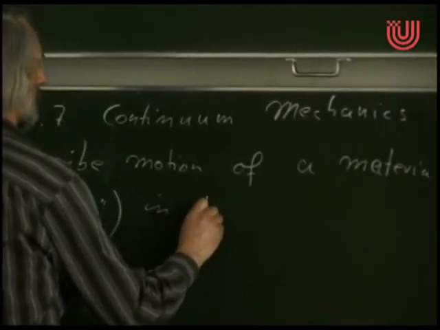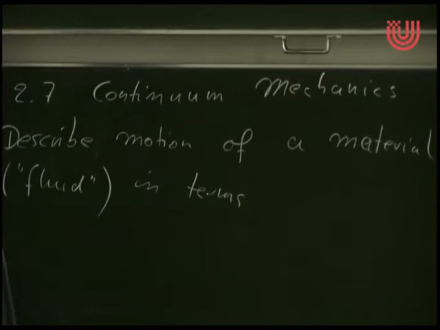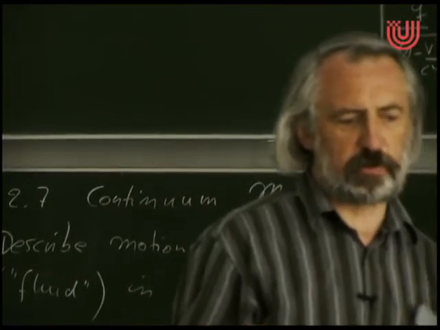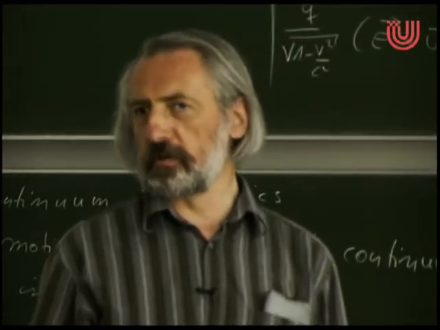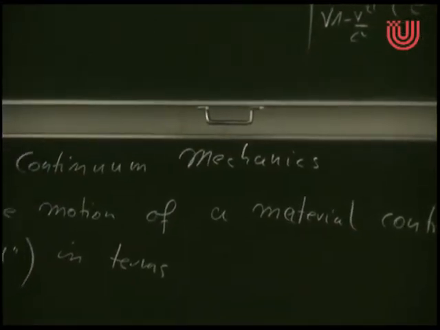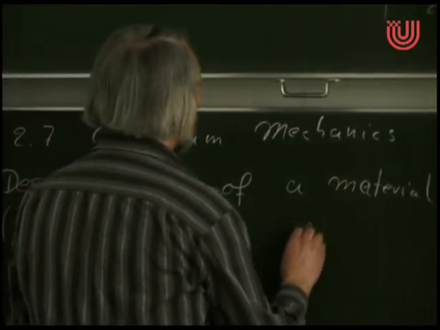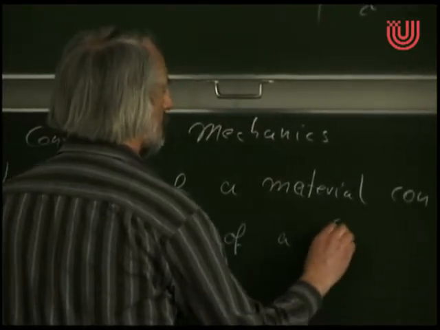And, of course, in traditional terminology, it would have a velocity field. But now we are doing this four-dimensional formalism, so we will assign a four-velocity to it. And that will be the mathematical object which describes the motion of the fluid. So we describe it in terms of a four-velocity field.